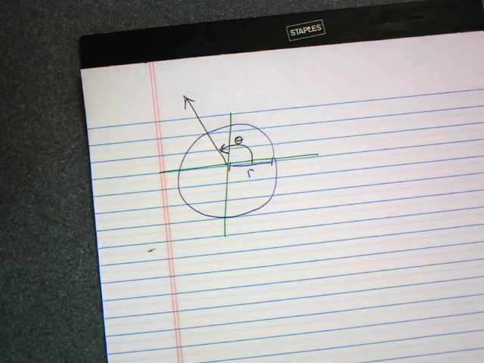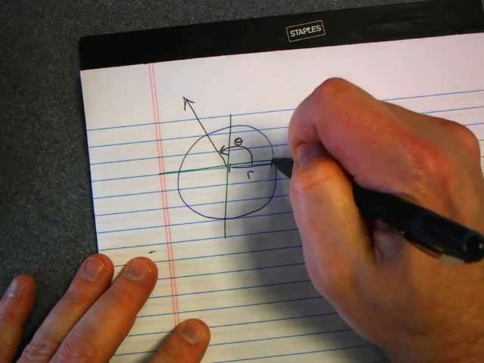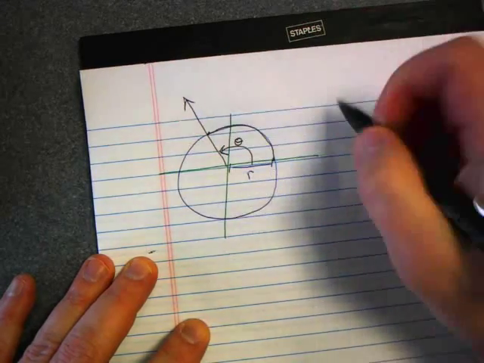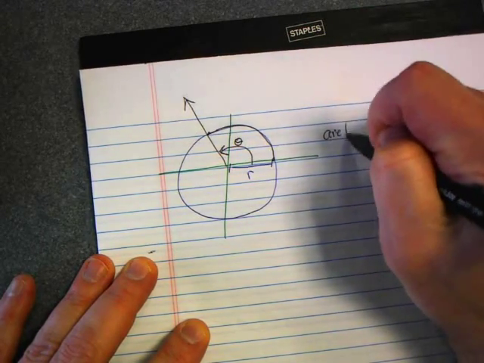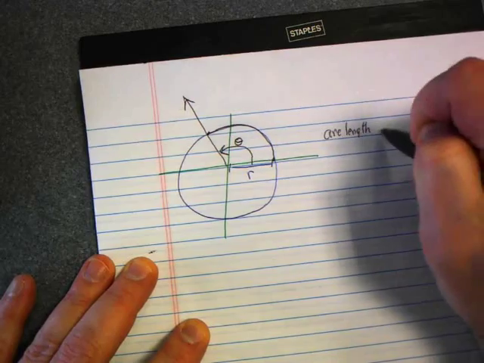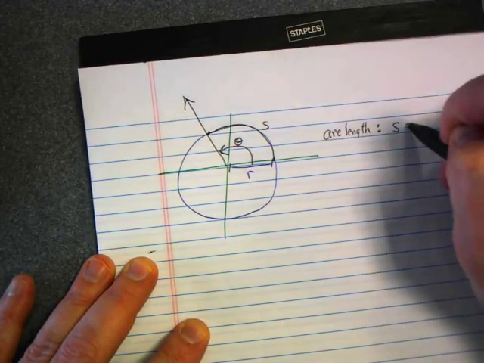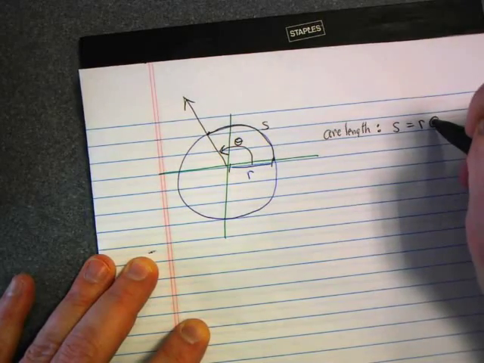Typically Greek letters are used for angles, angle theta. Then this arc length, the distance from here to here, is given by a formula. This arc length is called S. S equals r theta.